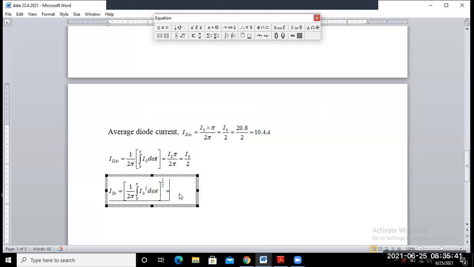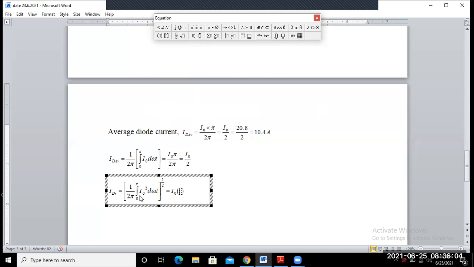So I0 into how much? When you put the lower and upper limits, pi is cancelled.